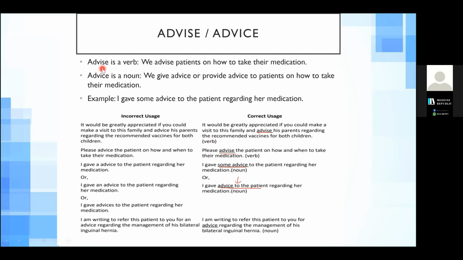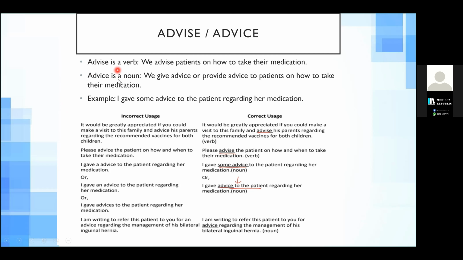Now, when we are using the word advise, as this is a verb, we can change its form. For example, we can say advised, but we cannot say adviced, because that is a noun and this will be grammatically incorrect. This is how I used to remember it.